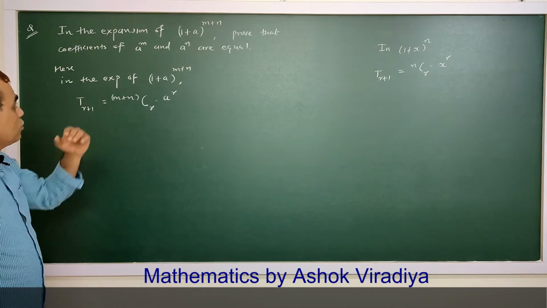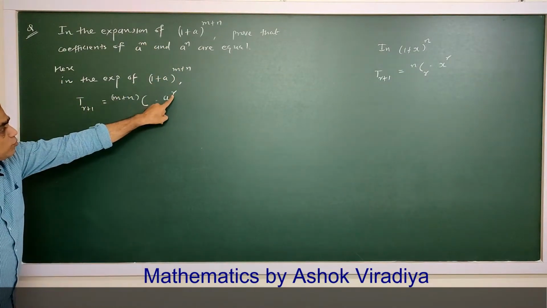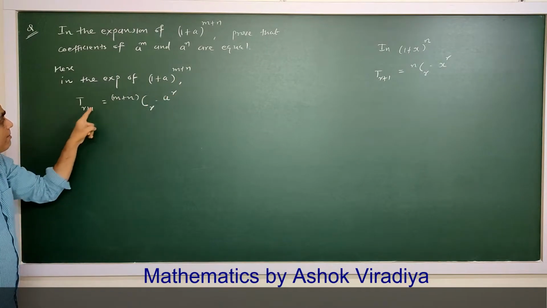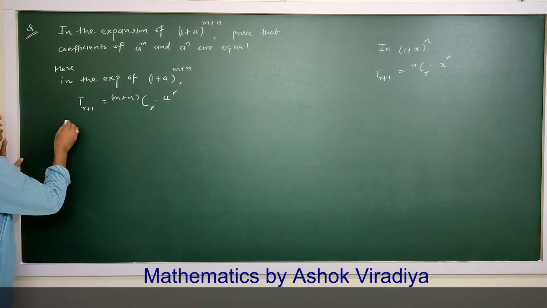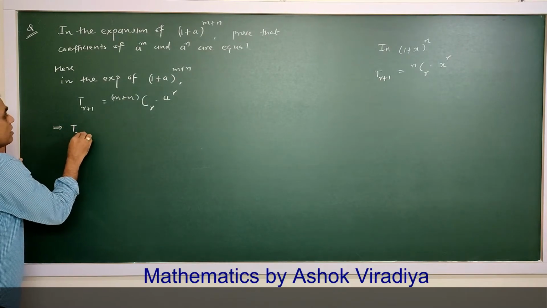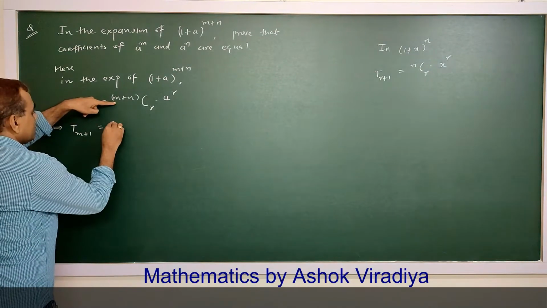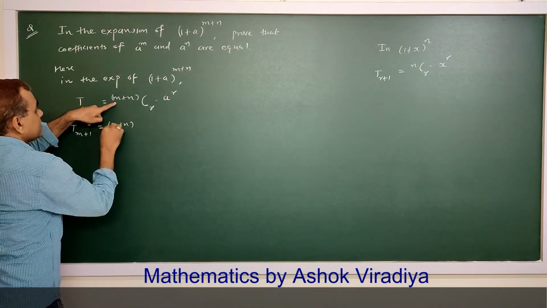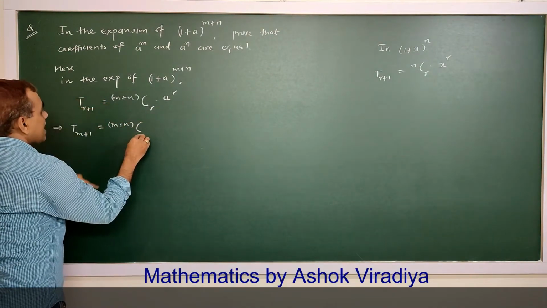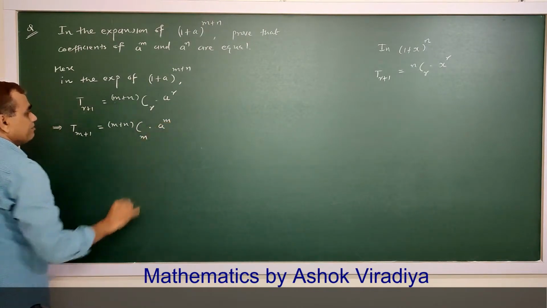Now to have a raised to m, we have to put the value of r as m. So taking r equal to m, here m+n C m into a raised to m.